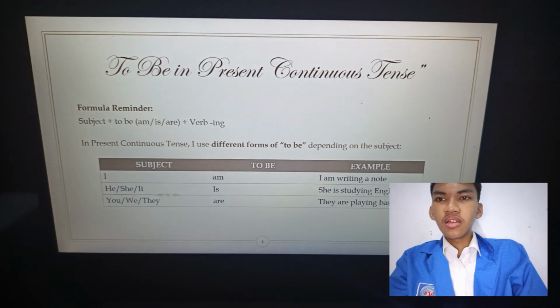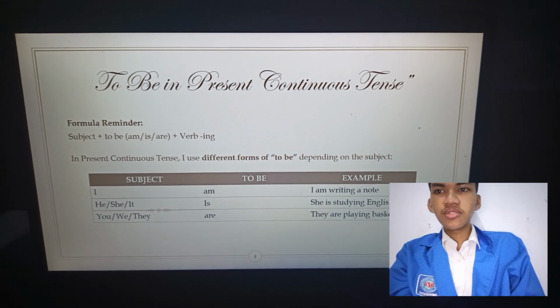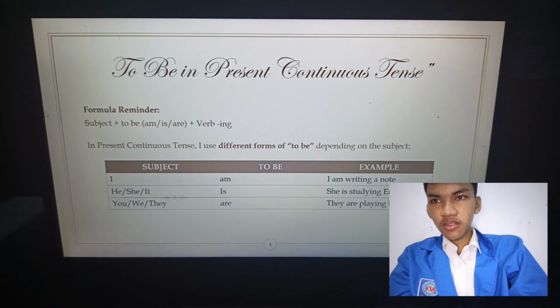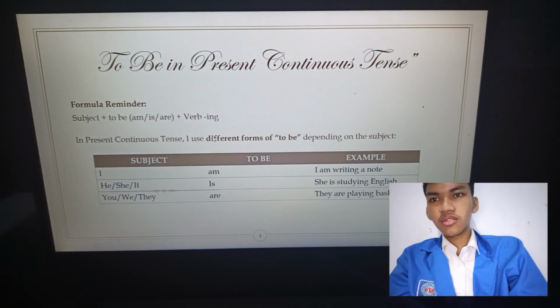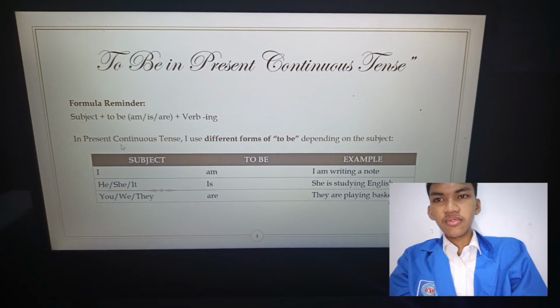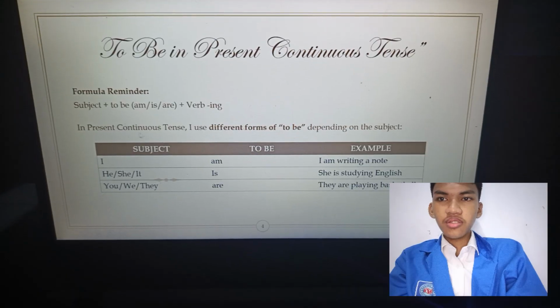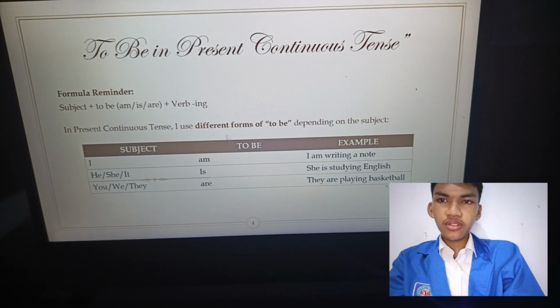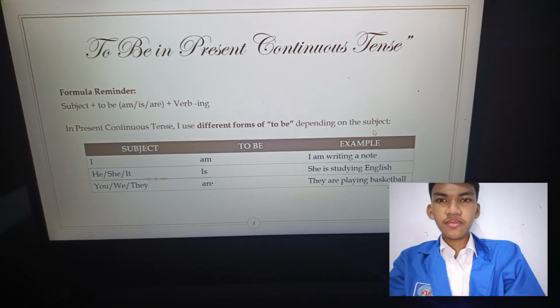Next, there's the to be in the present continuous tense. This is the formula reminder: subject, to be (am, is, are), plus verb-ing. In the present continuous tense, I use a different form of to be depending on the subject.